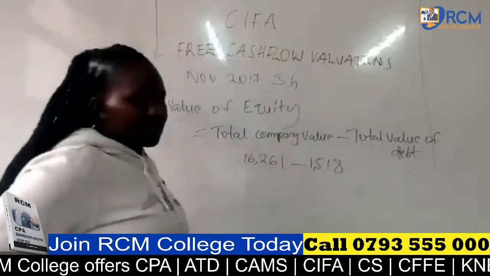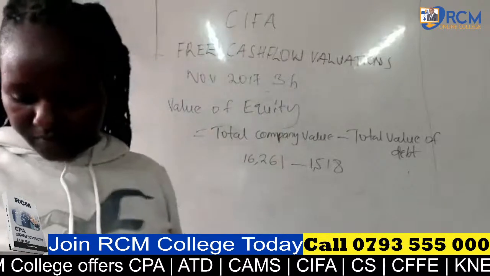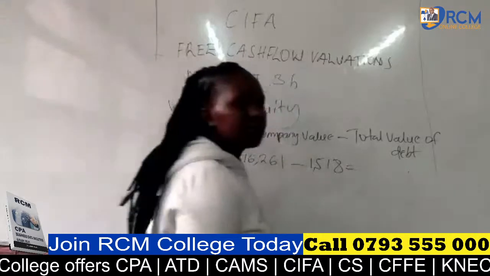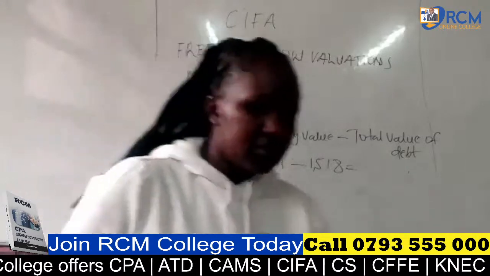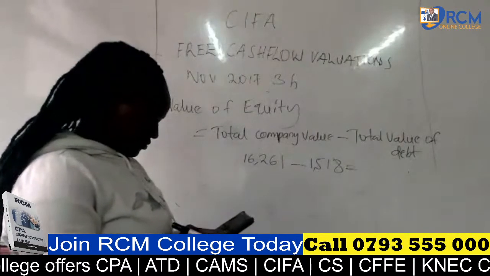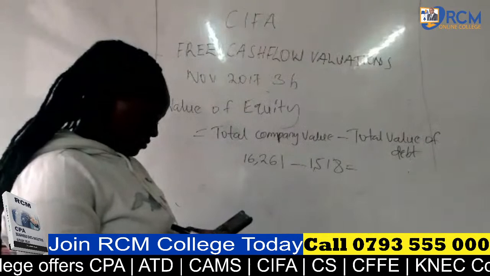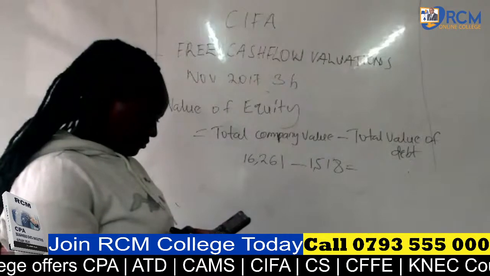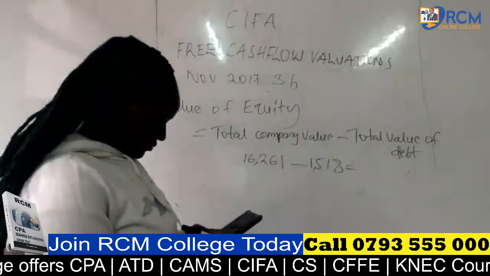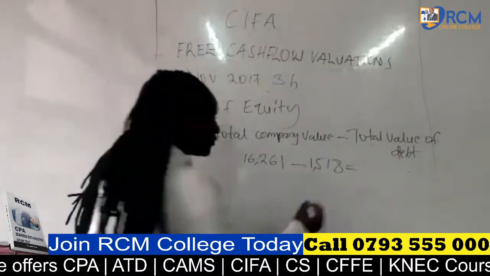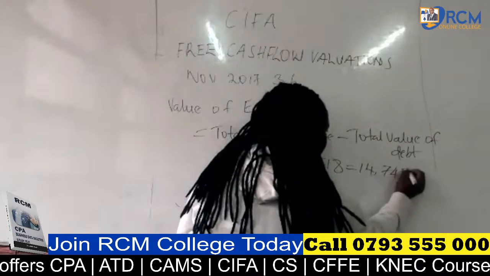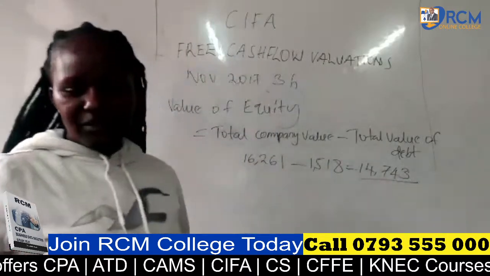So what are we getting as the value of equity? 16,261 minus 1518. How much are you getting? 14,743. So that is the value of equity.